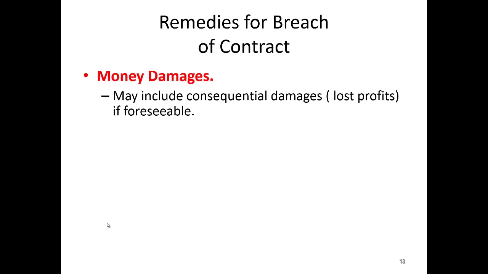One area in CISG, again, I told you it was vague, that is very much a problem, is its calculation of damages. Remember, in American law, we have the idea of direct damages, consequential damages, punitive damages. The CISG doesn't describe it that way. Instead, it defines damages as the amount of the loss.